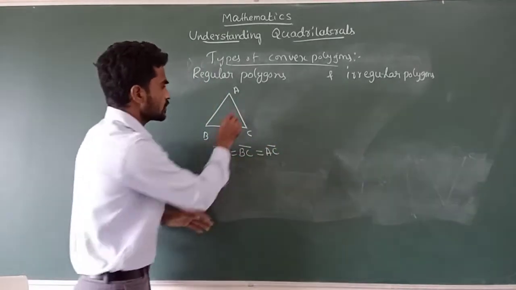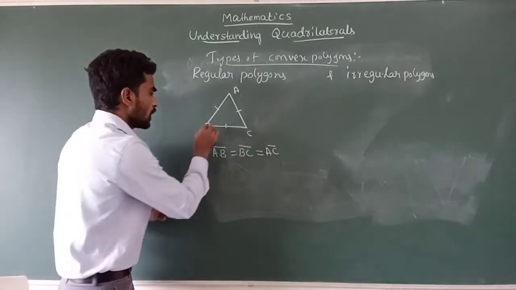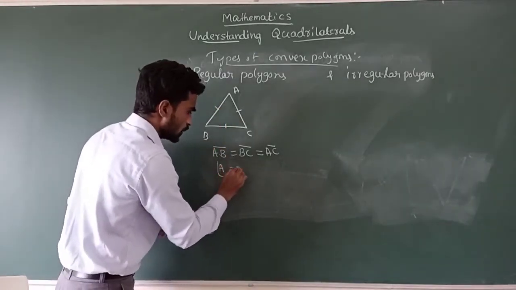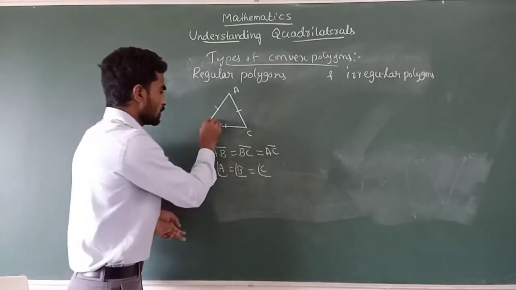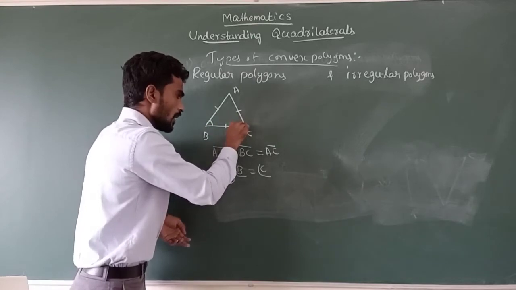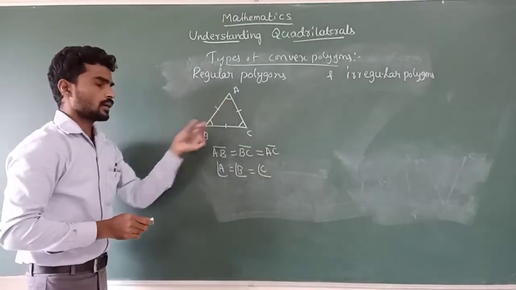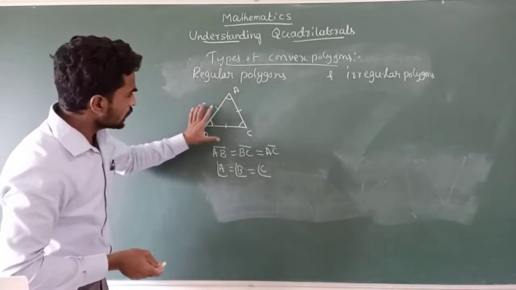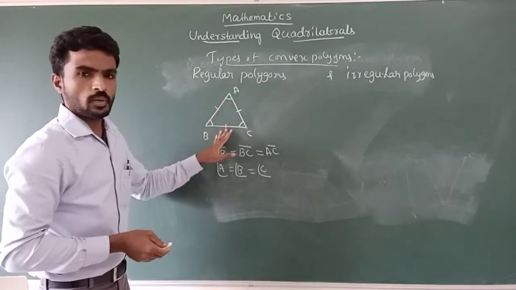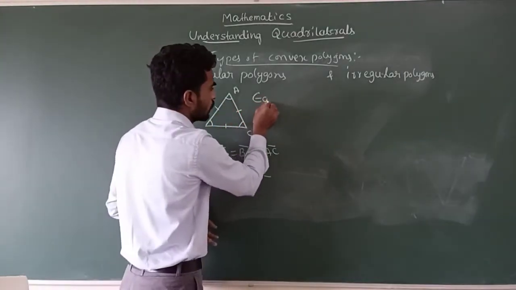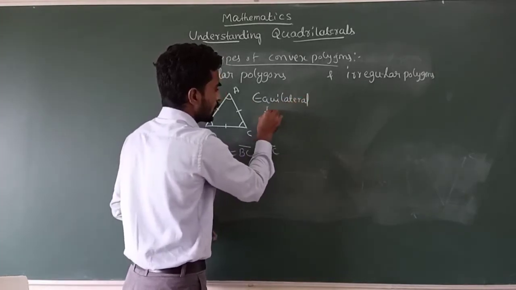All three sides of this triangle are equal and also angle A is equal to angle B is equal to angle C. Then, we already know that when all three sides are equal in a triangle, it is called an equilateral triangle.